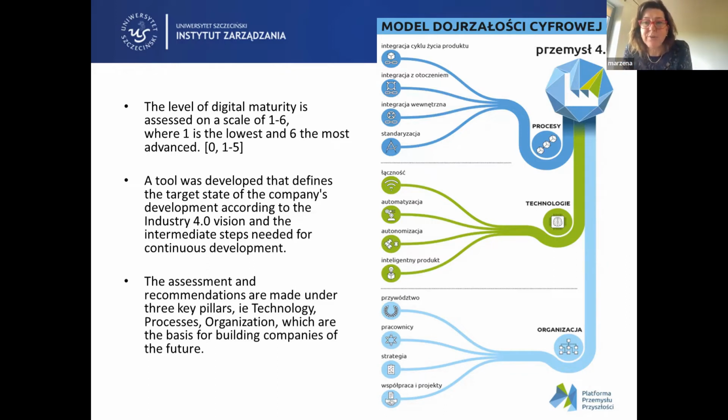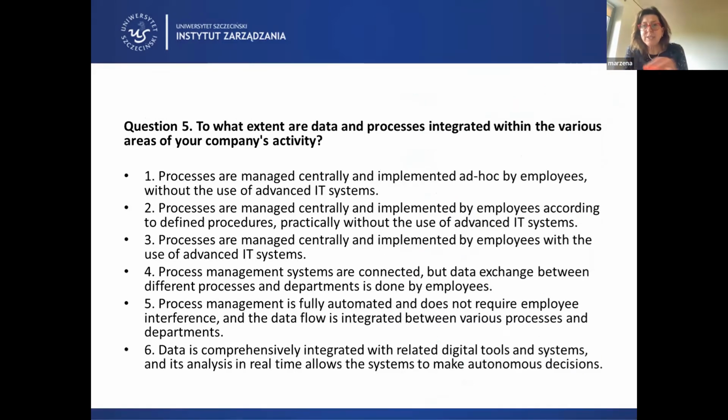It is also a model for self-assessment of businesses. As you will see in the next slide, we have a question for each component, and companies or managers have to respond to the 20 questions, because we have 20 components. For example, question 5: to what extent are data and processes integrated within the various areas of your company's activity?